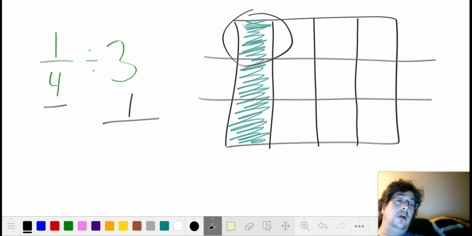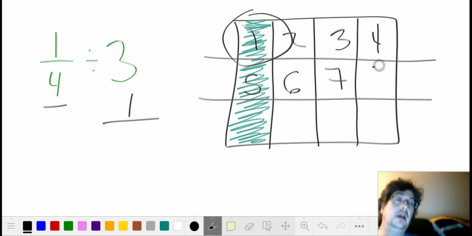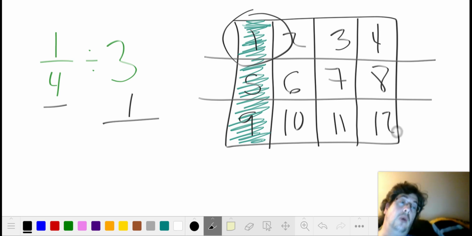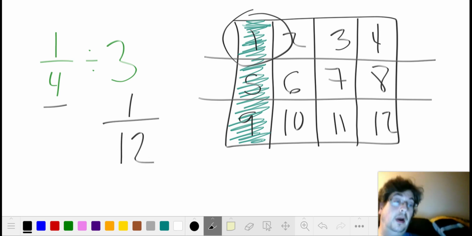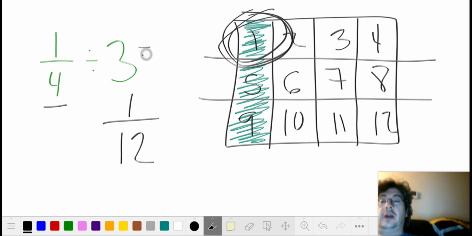Well, the total number of pieces in my whole over here in my model is going to tell me that. So 1, 2, 3, 4, 5, 6, 7, 8, 9, 10, 11, 12. So this is 1 out of 12. That's how big this piece is. It's 1 out of 12. Okay. So the quotient or answer to 1/4 divided by 3 is going to be 1/12.